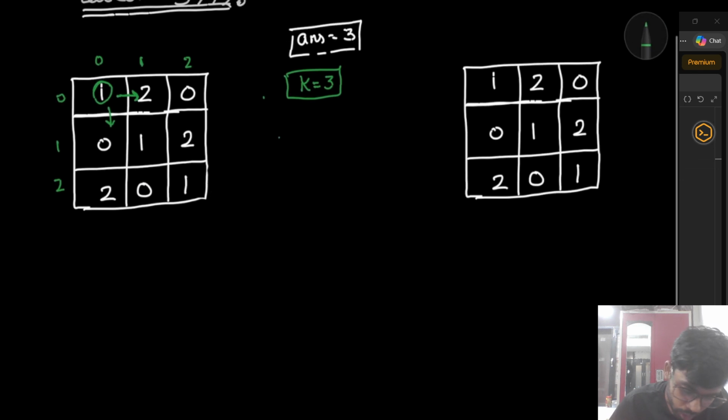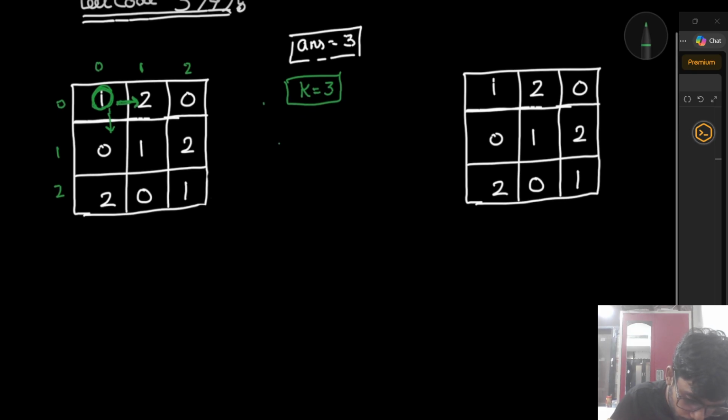So the idea is I will start from 0 comma 0 and I will move towards right, or move downwards. Suppose I am standing here, so I will move towards left or I will move towards right. And the path I will choose is the one which gives me the maximum score.